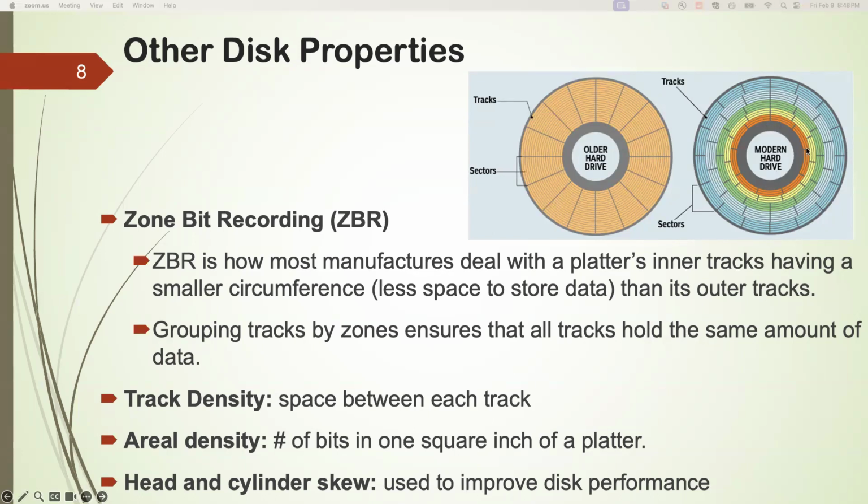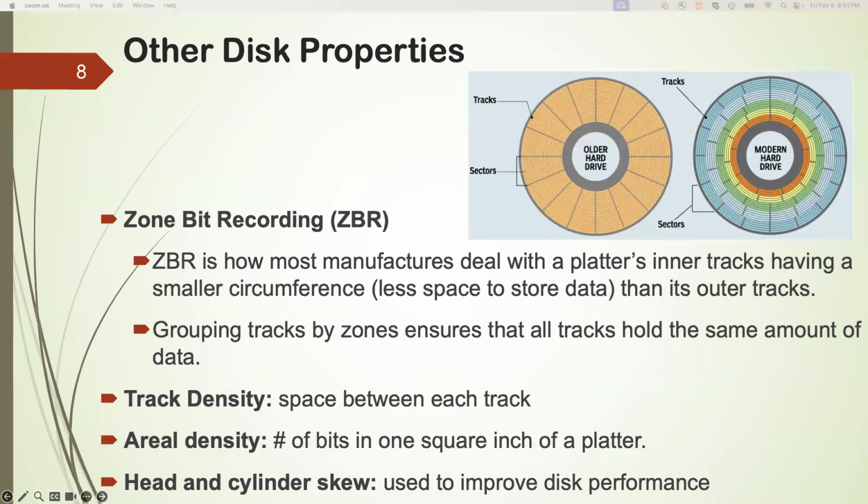In this case, we have 1, 2, 3, 4, 5, 6, 7, and 8 tracks in the inner zone, as compared to this one, where we have more than 8, around 16 tracks in the outer zone. With the help of zone bit recording, the space that we were wasting in the older hard drives, where we had the same number of sectors in all of the tracks, is now used better, with more sectors for the tracks that are towards the edge of the platter.